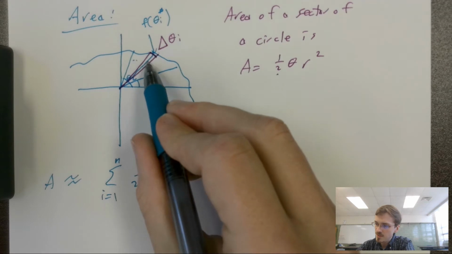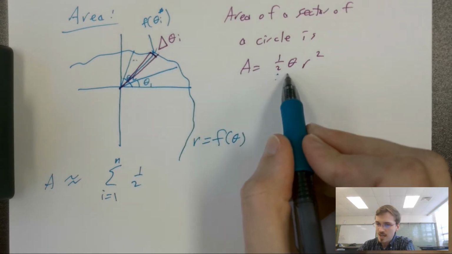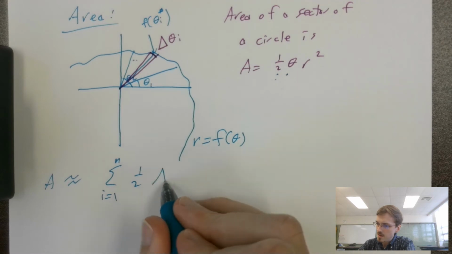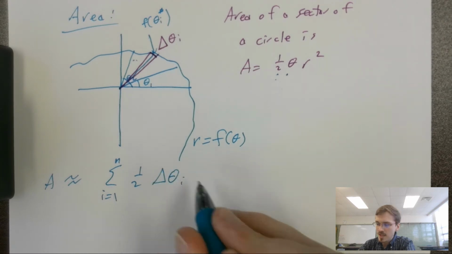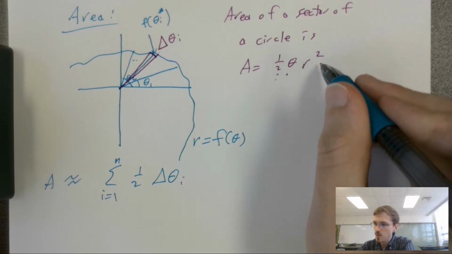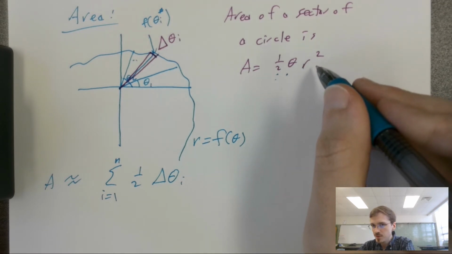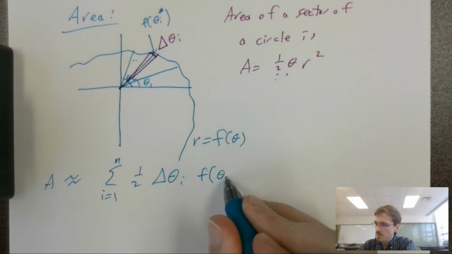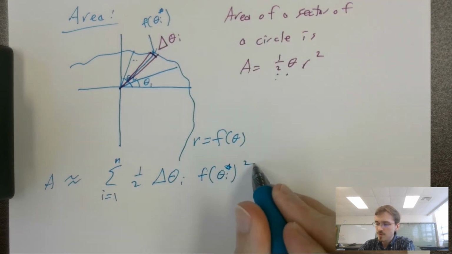So what's the area of the sector? It's 1/2 times theta. What's theta here? It's delta theta sub i times the distance from the origin squared. And what's the distance from the origin squared here? It's f of theta sub i star squared.